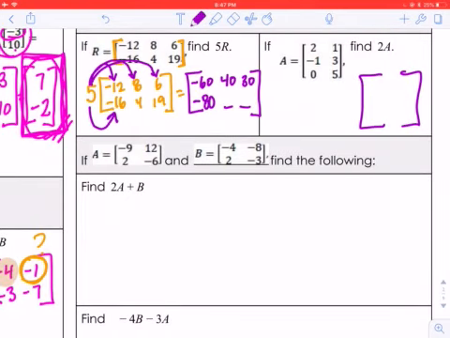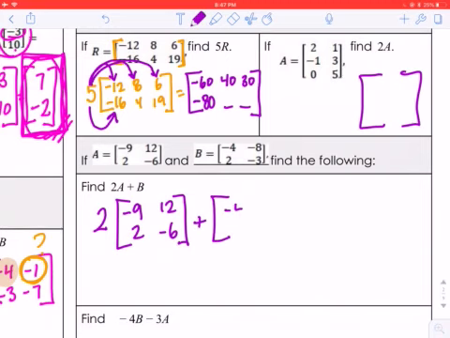So when you look at these ones, the way that I would set this up is I would just say, okay, I have 2 of these things, 2 of the A's, and I'm adding it to the B, 2, -3. And just like in regular math, when I have something like 2 times something plus something else, I would always distribute that in first.